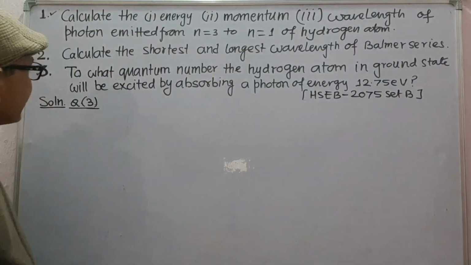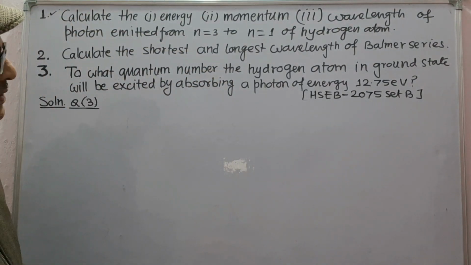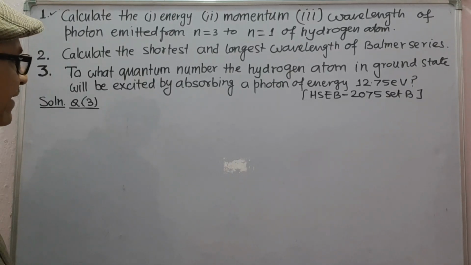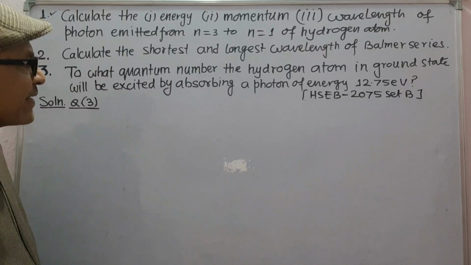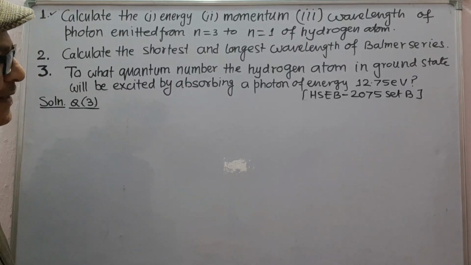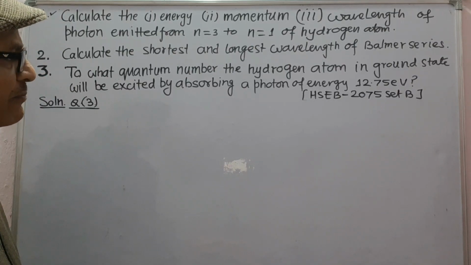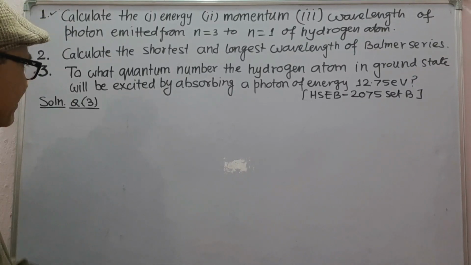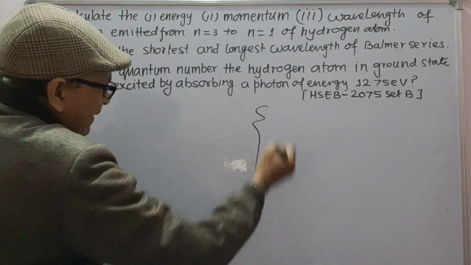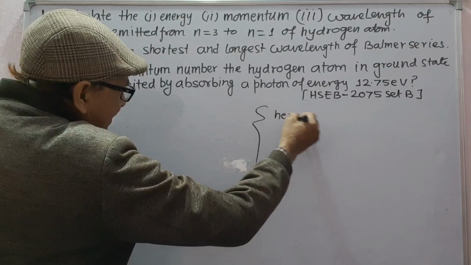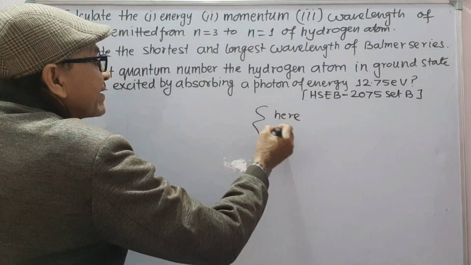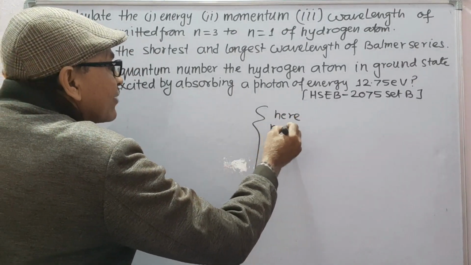And the third question is, to what quantum number the hydrogen atom in ground state will be excited by absorbing a photon of energy 12.75 electron volt. Here the electron of the hydrogen atom is in ground state.